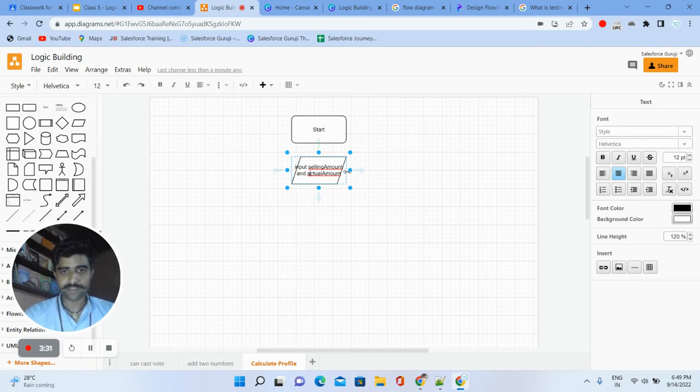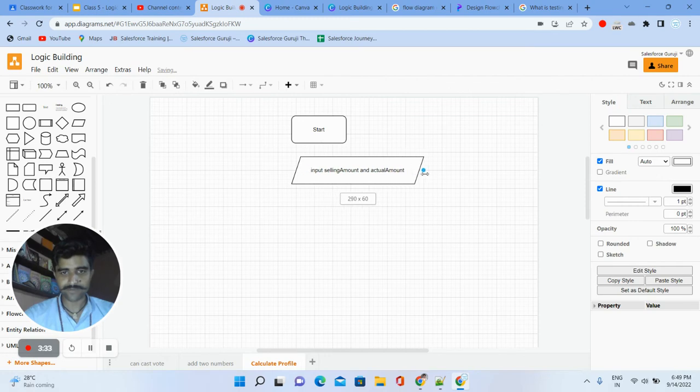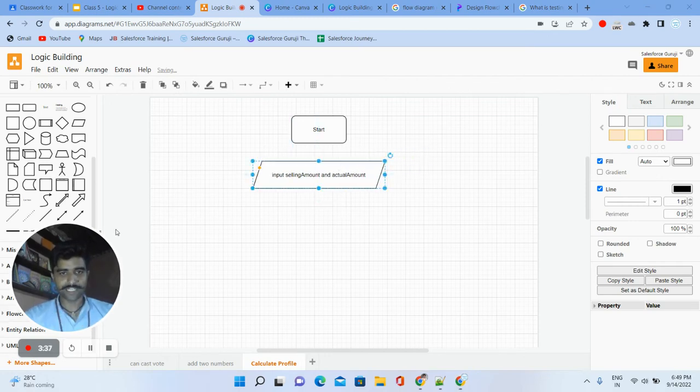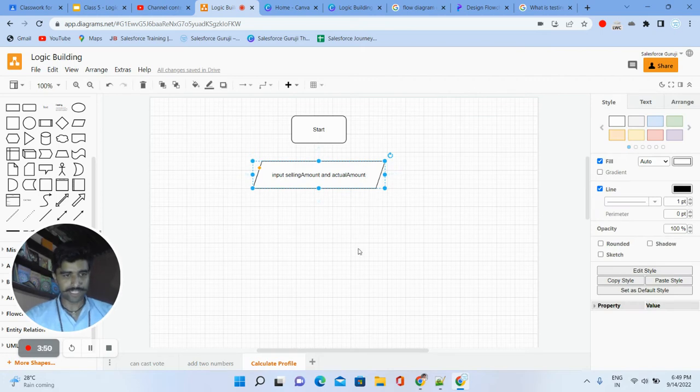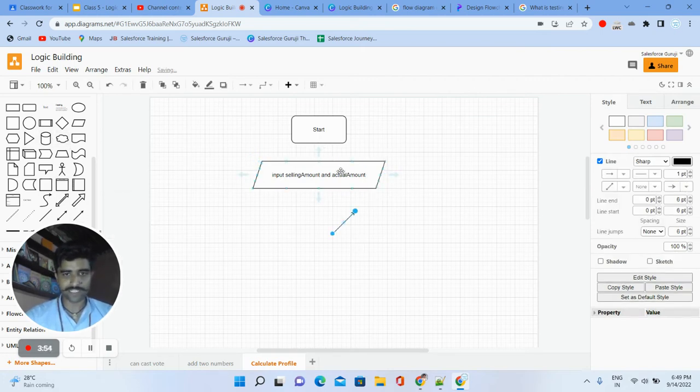Let's make it beautiful. Now we are taking two things as input: the selling amount, the rate at which we are selling, and the actual amount. Let's connect it.